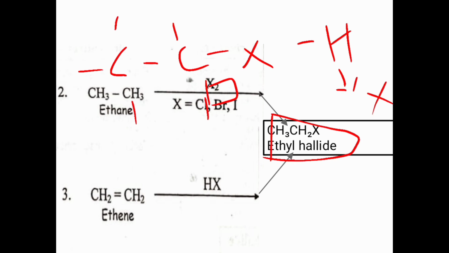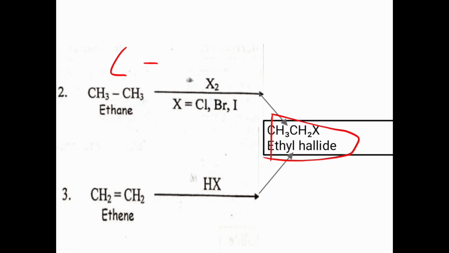Then the byproduct will be HCl. The byproduct along with this ethyl halide will be HCl. So in this way ethane will react with chlorine, bromine or iodine, that is any kind of halogen, and the product will be formed as ethyl halide.